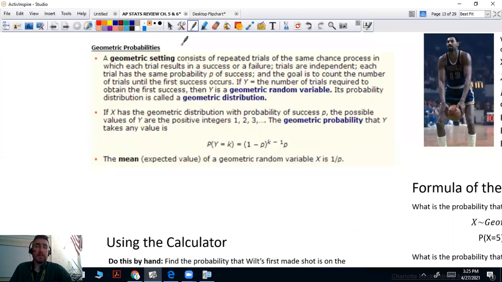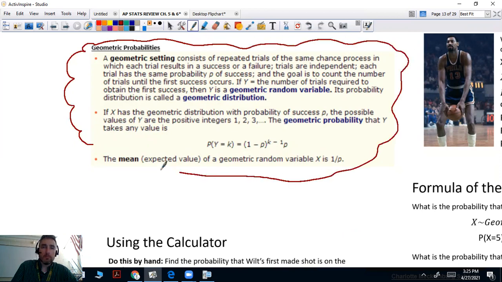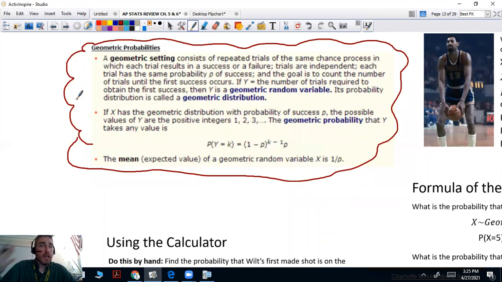There's also geometric. A geometric, without getting too much into the formulas, is the probability of something happening until you get it in the basket, for instance. So maybe Wilt Chamberlain is missing the shot, and he's not going to stop until he makes the shot. What's the probability he gets it on his 3rd attempt?